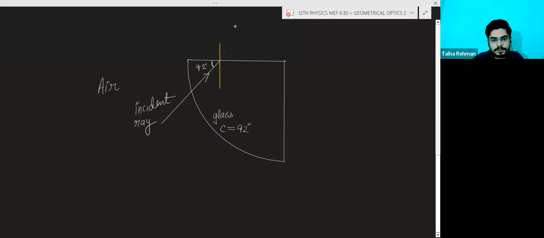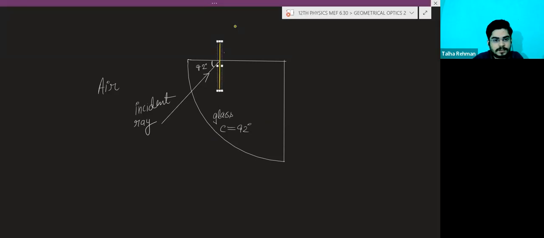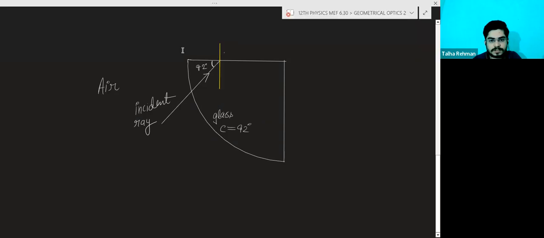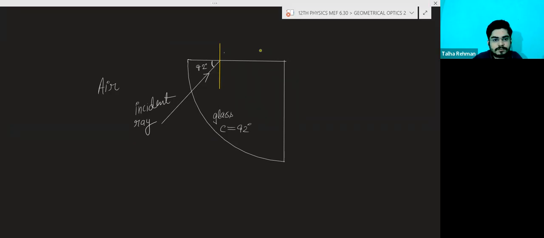So this is the normal, and this whole angle is 90 degree. So the angle of incidence will be 48 degree. This is the angle of incidence, equal to 48 degree.